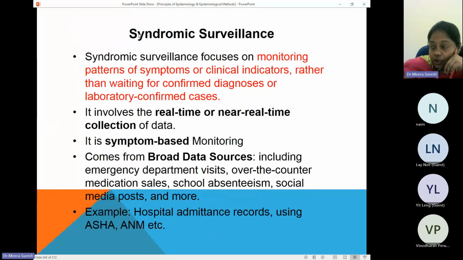They go for the syndromes, meaning some set of signs and symptoms. For this purpose, they can even use non-medical people like ASHA, ANM, etc. For example, in India, where there are ASHA and also ANM workers, ASHA workers are given some training that they have to report.